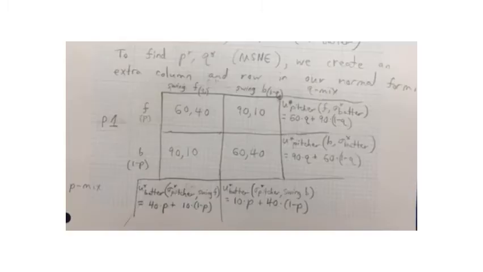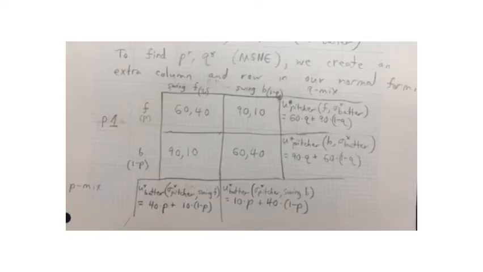Okay, so the payoff to the batter in this case is going to be 40 times P, because they're going to guess right with probability P, and they're going to get a payoff of 40, plus 10 times 1 minus P. Okay, so if the batter swings for fastball and the pitcher pitches a breaking ball, which the pitcher does with probability 1 minus P, under this case the batter gets a payoff of 10, or hits the ball with probability 10%.